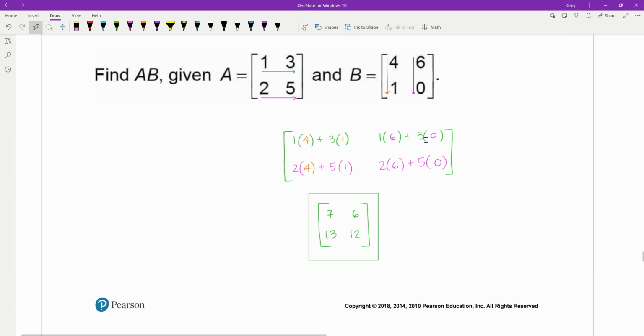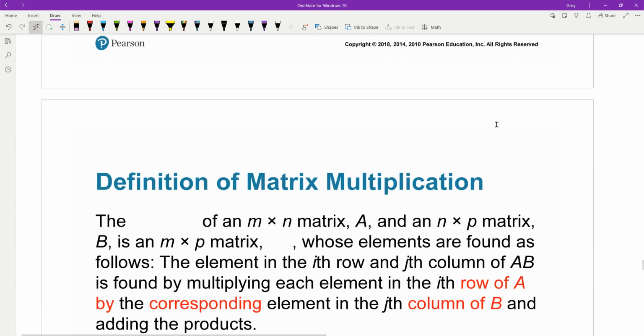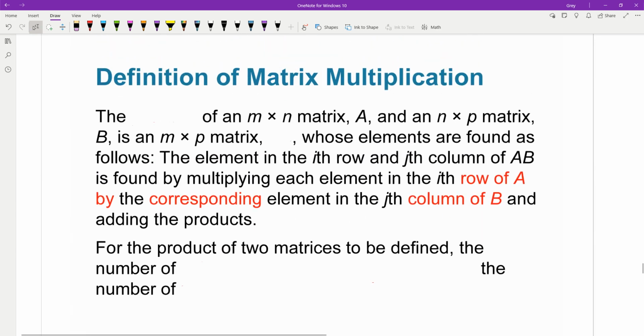Okay, so that was just straight up showing you how to multiply it. But what's even more important is when it is defined and when it's not. The definition of matrix multiplication: the product is the answer to a multiplication problem. If I have an M by N matrix A and an N by P matrix B, then the product AB is an M by P matrix, because you're multiplying the rows by the columns.